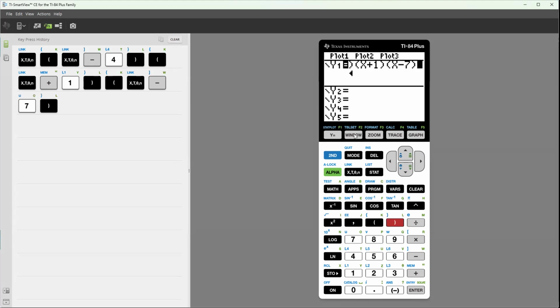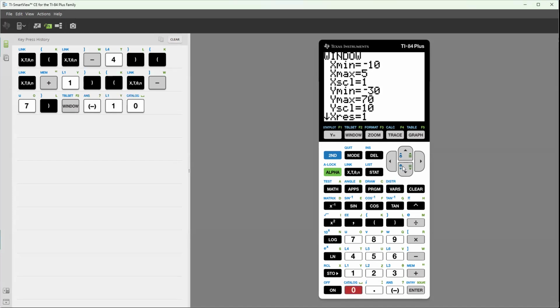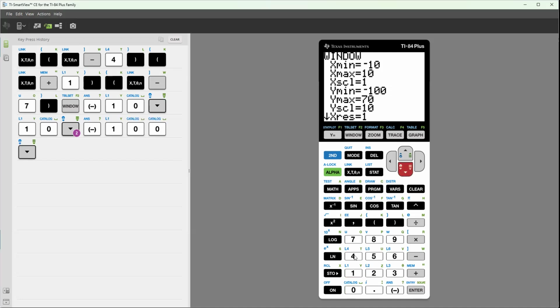All right, so I'm going to hit the window. They didn't tell me what scale to use, so I'm going to use negative 10 to 10. I'm going to leave that on 1 for x scale. Y minimum was negative 100 to a positive 100. And I'm going to leave that on 10 and go by tens.